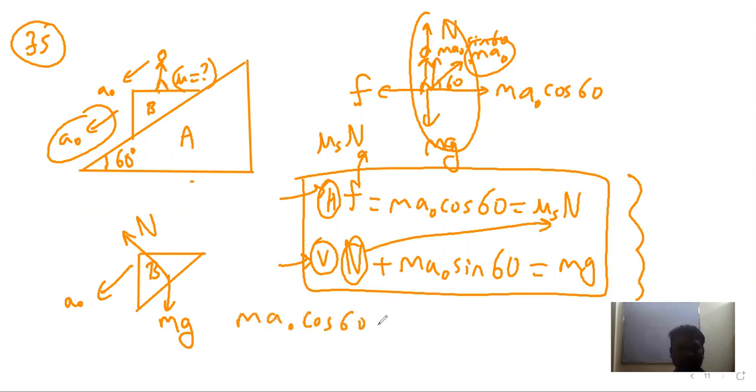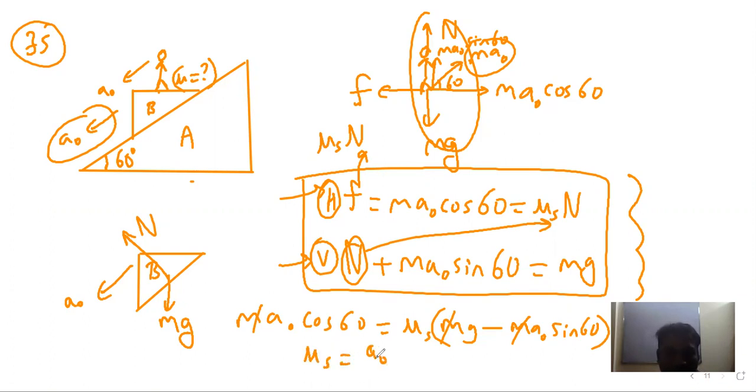So m a naught cos 60 is equal to mu s into N, which is mg minus m a naught sine 60. So m cancels on both sides, and we have to find the value of mu s. So mu s will be a naught cos 60 upon g minus a naught sine 60.